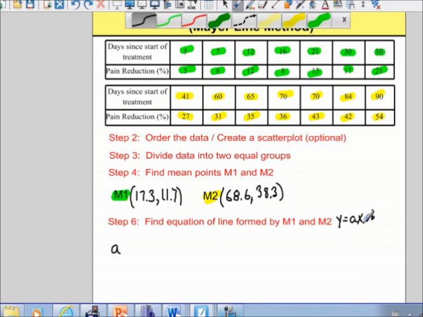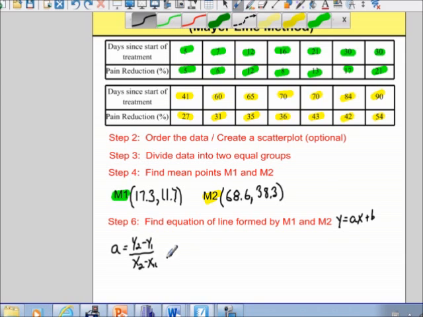Sometimes people use mx plus b. We always use a in this case, no different. And our A represents our rate of change. And I'll put out a rate of change formula here, y2 minus y1 divided by x2 minus x1. You may also do delta y over delta x, or rise over run. There's a couple different names there.